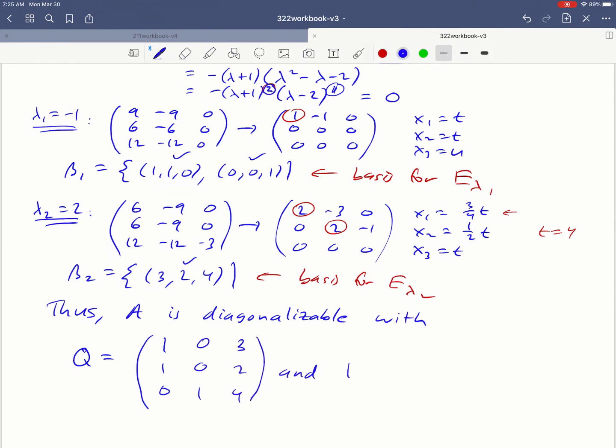And D was a diagonal matrix that had our eigenvalues along the main diagonal. All we need to be careful of here is to go in the right order. The first eigenvalue needs to go with the first eigenvector, the 1, 1, 0. What was the eigenvalue for that one? Well, that went with E lambda 1, so the eigenvalue that goes with that eigenvector is -1.